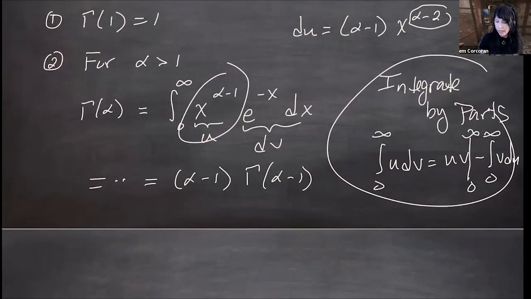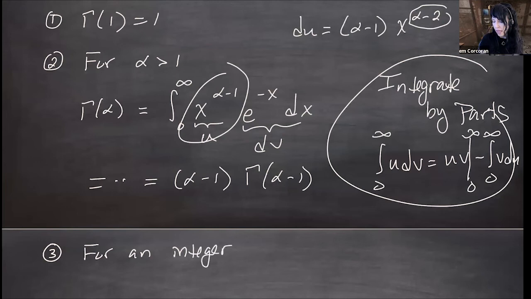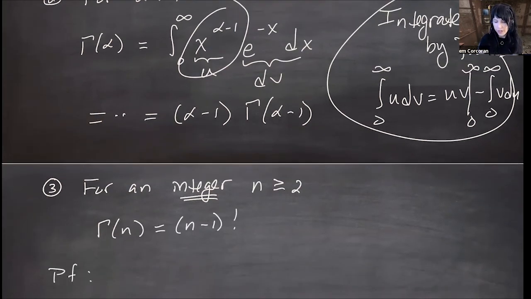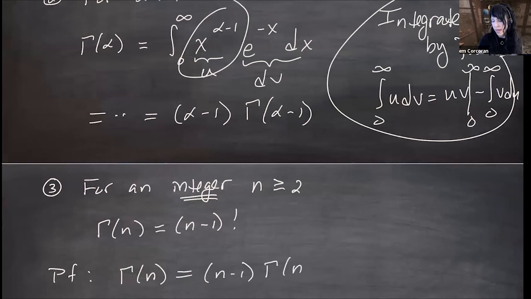Okay, the third property, this one you're going to get the most use of in this class, is for an integer n greater than 1. So this means greater than or equal to 2. Gamma of n is n minus 1 factorial. And you can show this by just using the last property. Gamma of n, we know by the last property, is n minus 1, gamma n minus 1.